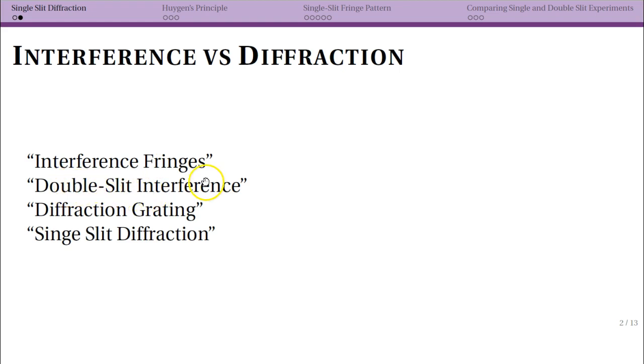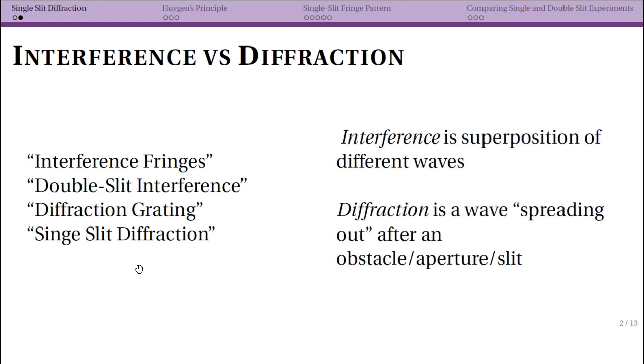We have seen double slit interference being the first thing we studied in this chapter. We then met diffraction gratings, and now we're talking about single slit diffraction. So I want to give you a definition for these two words, not a technical definition as much as a working understanding, and then we'll try to see what of these it connects to.